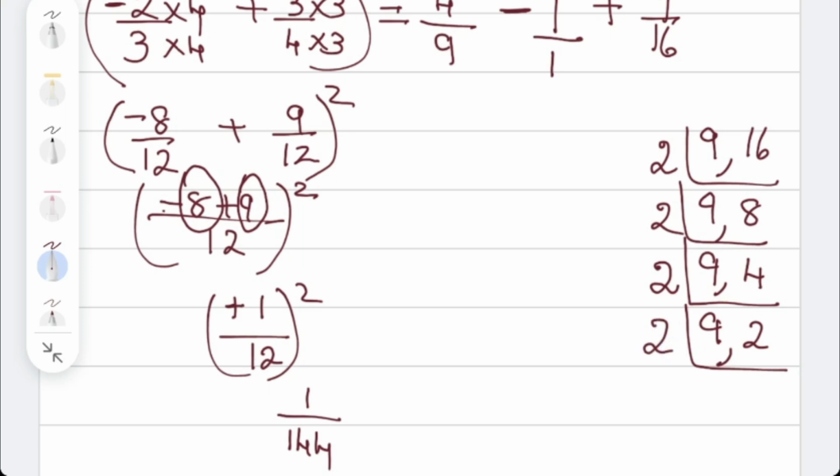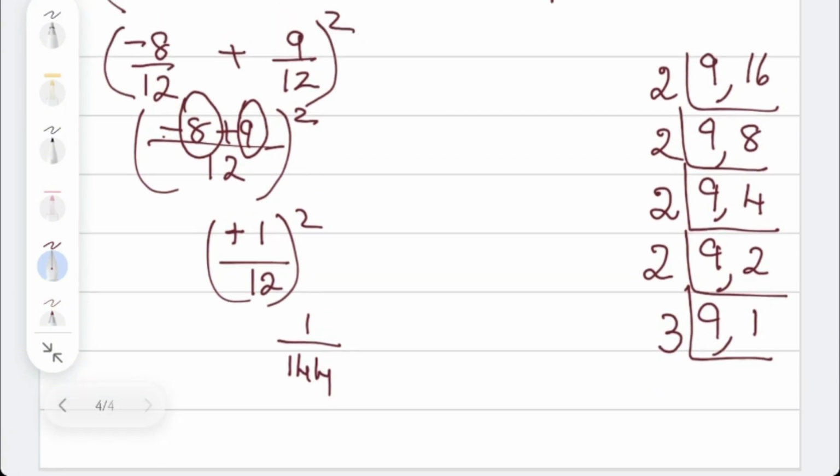Again 2, 9 is not possible, and 2 divided by 2 is 1. Now let us consider the number 9. The factor for this will be 3. 9 divided by 3 is 3, and the 1 comes down as it is, and we divide by 3 again. When we arrive at 1 as the final number, we stop here.